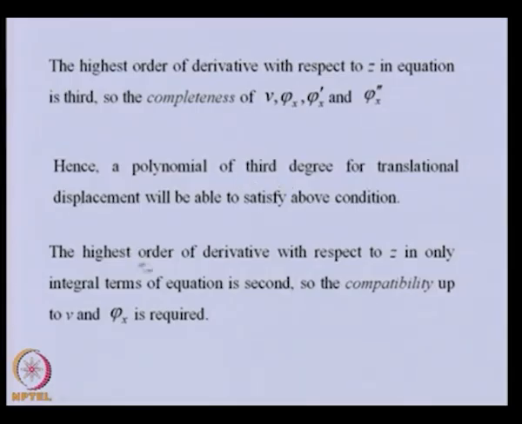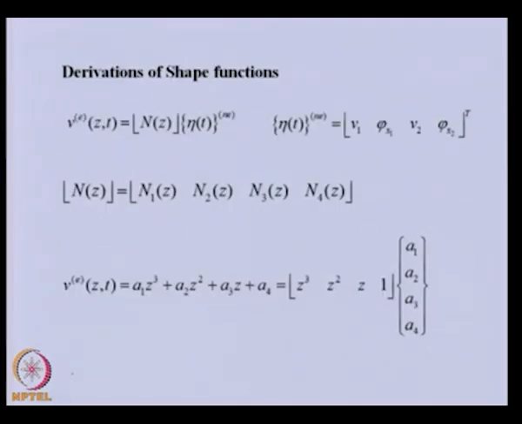For the compatibility, the highest derivative within the integral is 2, so up to one order less, that means the linear displacement and the angular displacement, we require the compatibility condition. With this information, we can now decide about the shape function.